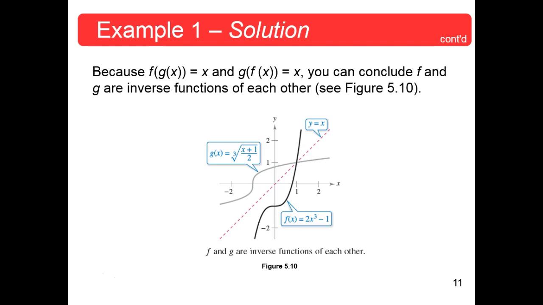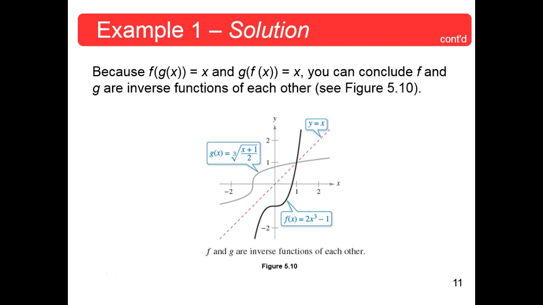And if you look at that, here's your identity function, y is equal to x. And this is a mirror image. f and g are mirror images of each other. Where they do cross, it's on that line y is equal to x. 1 is equal to 1. That works here, works here. And all the others are exactly mirror images of each other.